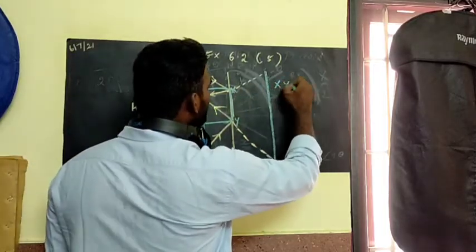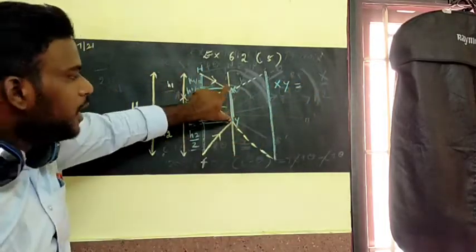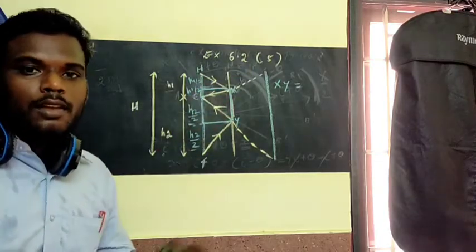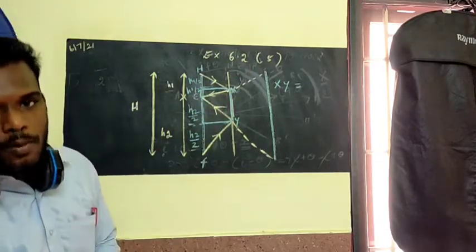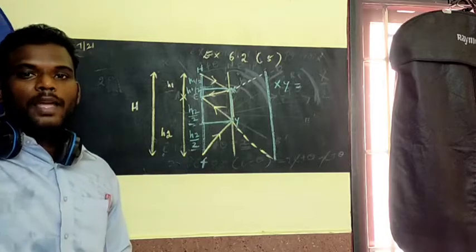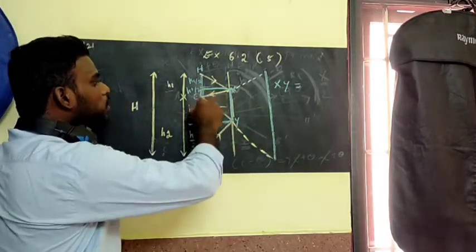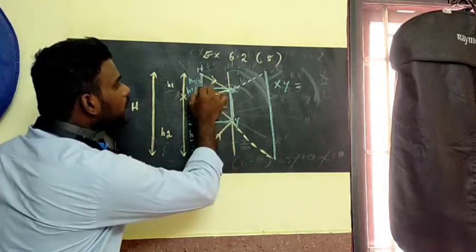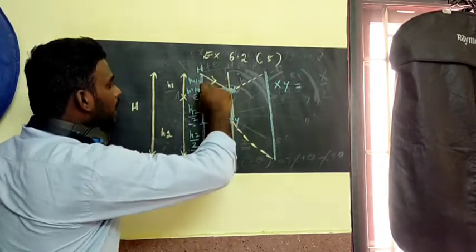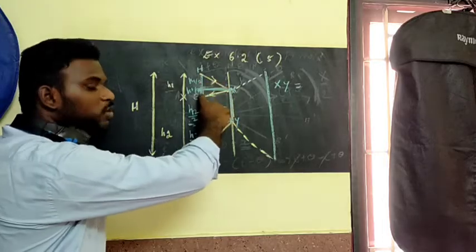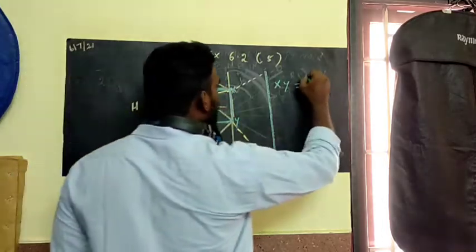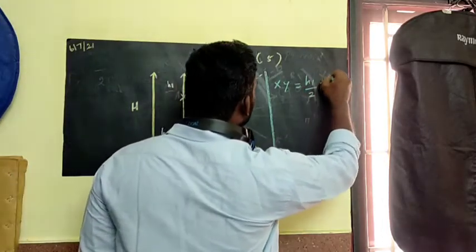So I can take the distance between x and y, which means this is the minimum length of the mirror, so that we can get the reflected ray from the bottom of the person and from the head of the person. So xy equals x is h1 by 2 plus y is h2 by 2.